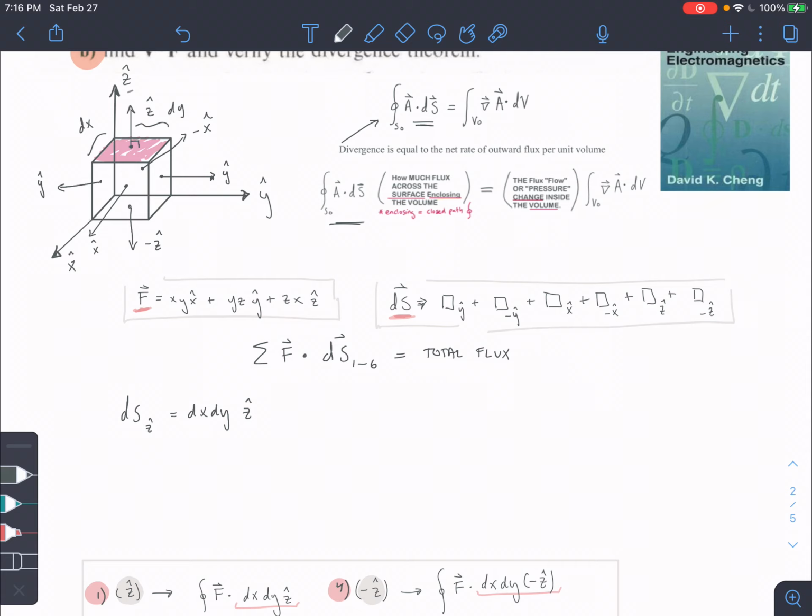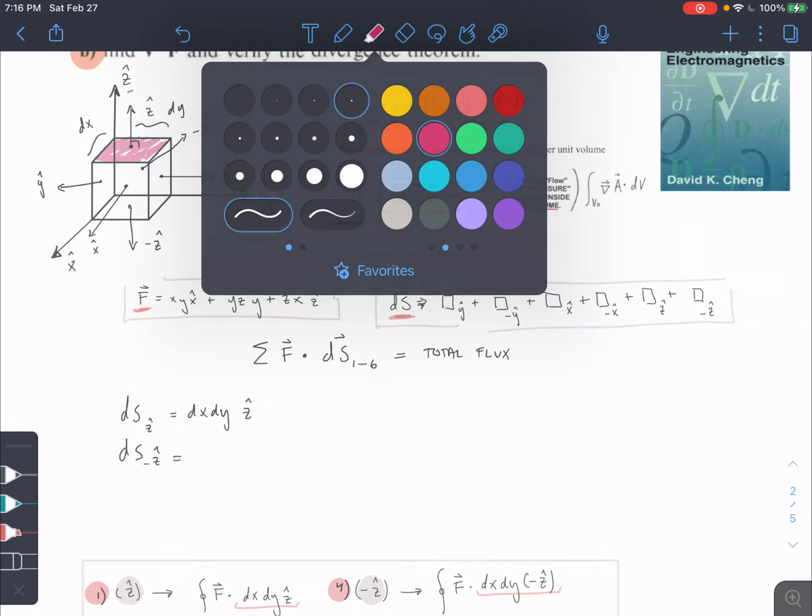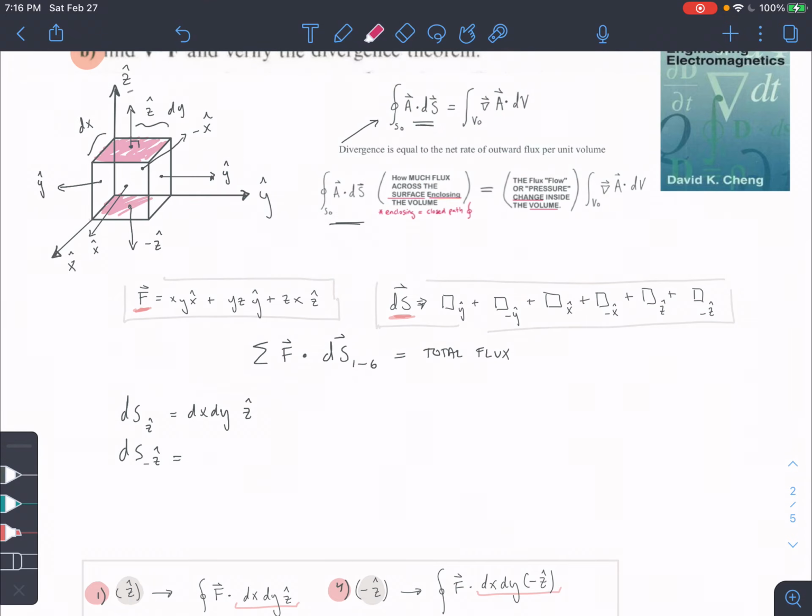Cool. Okay, let's look at ds for the negative z. That would be the bottom over here, where we have a change in y going along this side, from here to here, dy. So it should look the same, dy, and we also have a dx. So basically the same, dx dy, except in the negative z hat direction coming out of the bottom.